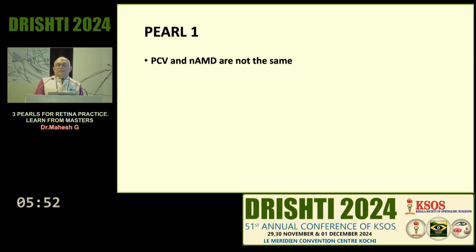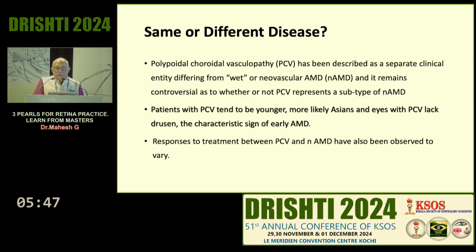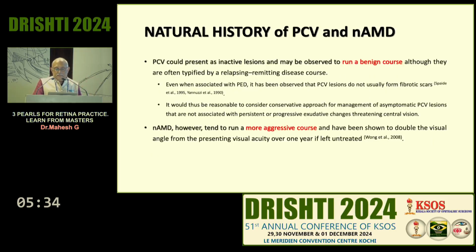Many of us think, for everything there are only injections, so what is the big problem? But it is not the same. Why? Because PCV happens in younger patients, in their 40s and 50s also, and they lack drusen, which is a characteristic sign of early AMD. The responses to treatment are also different. Now, PCV can run a benign course.